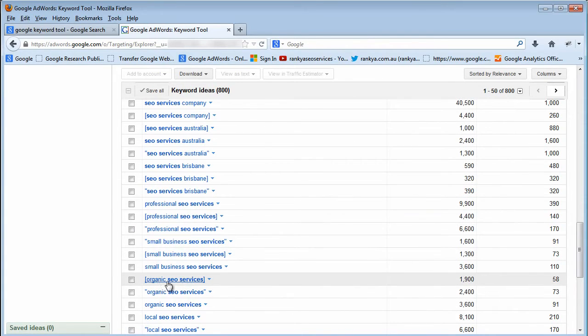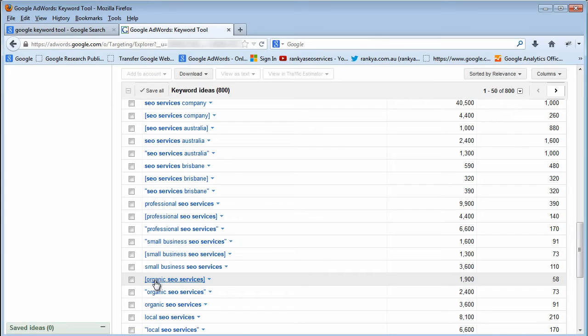Or organic SEO services. When I look at that, I'm thinking, all right, whoever is searching for that may be running advertising somewhere, whether it's newspapers, television, or AdWords and whatever. But they are getting to understand the organic side of things, right? So in my mind, when I look at organic SEO services, how did they know that particular keyword?